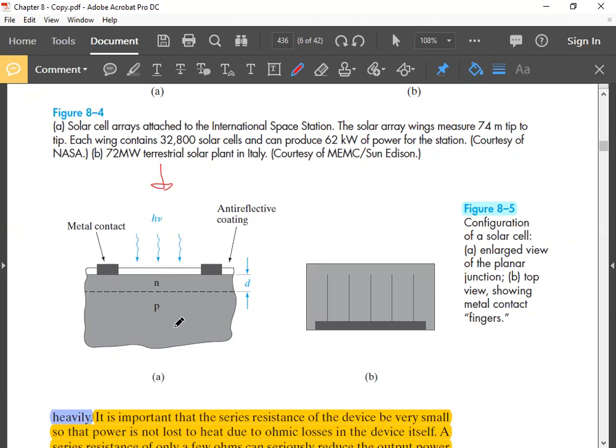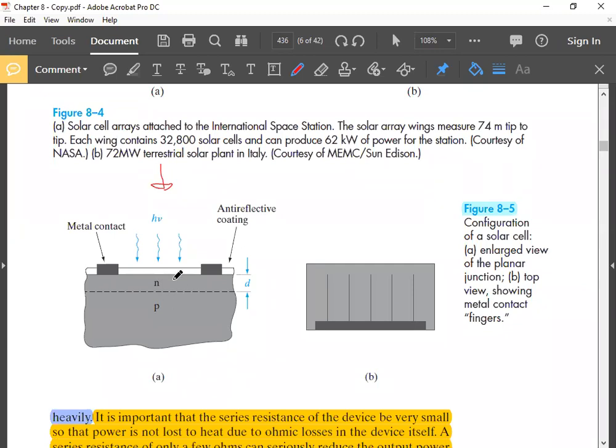That constitutes an optically generated current from N to P. Also, electrons created in the P layer close to the junction may diffuse to the depletion layer and go to the N side, constituting another current component, also directed from N to P.